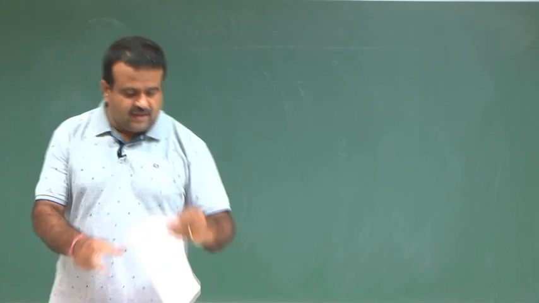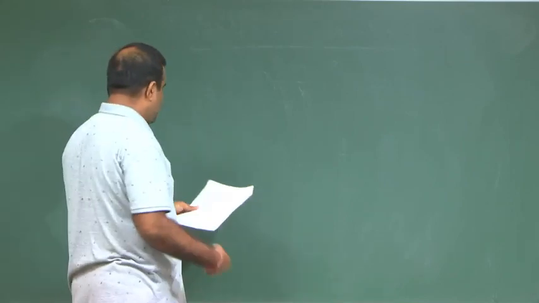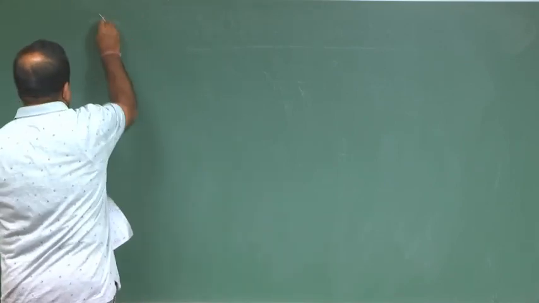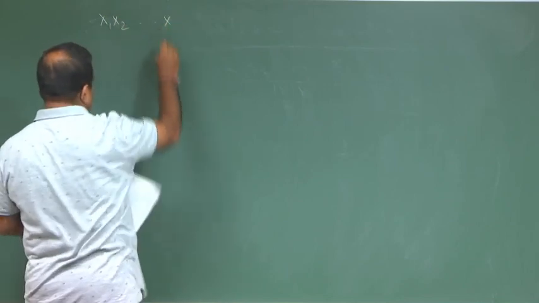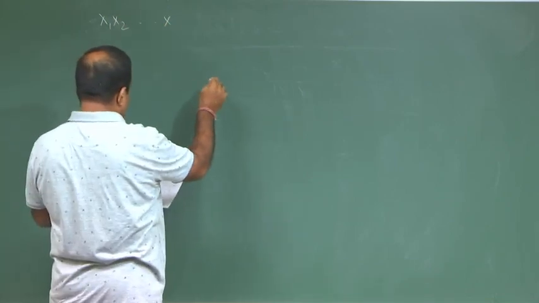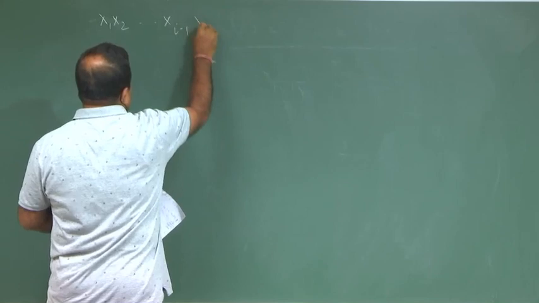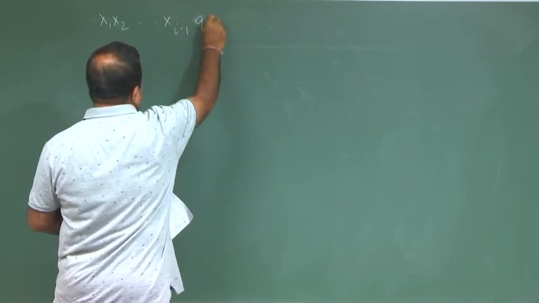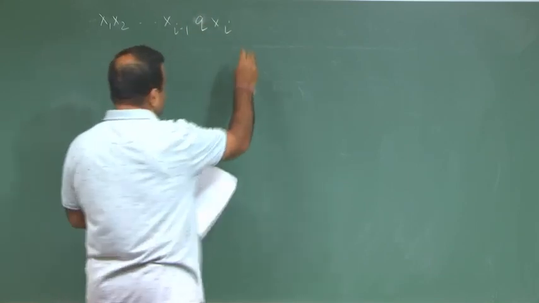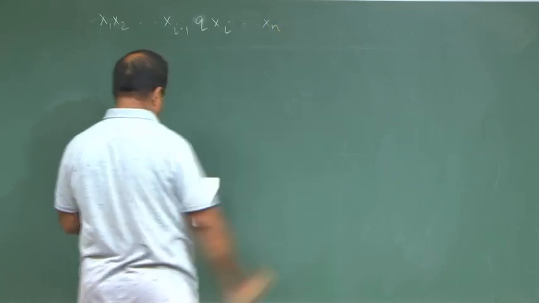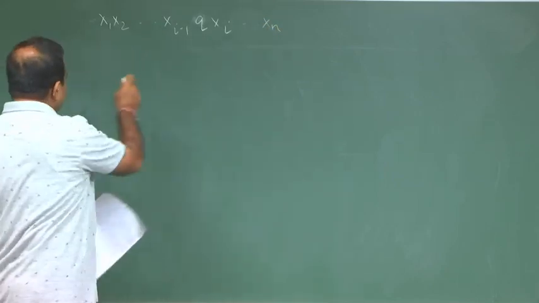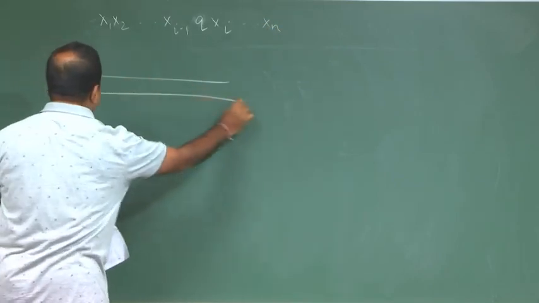So, we take this. Suppose this is the situation: x 1, x 2, x I minus 1 and this is the q x I, then x n. This is the situation of the tape.